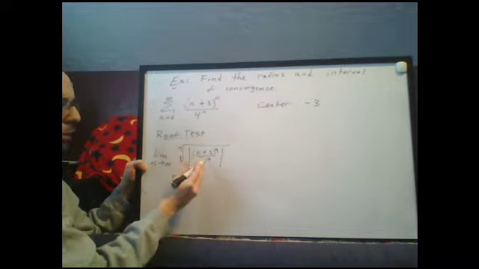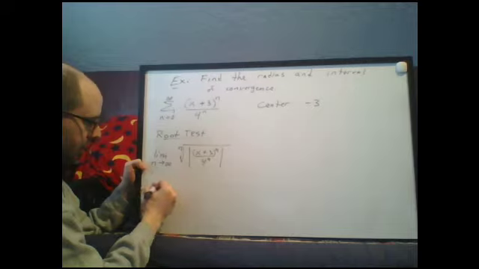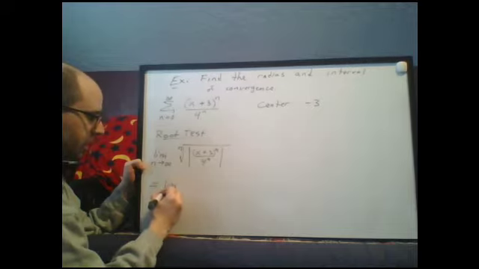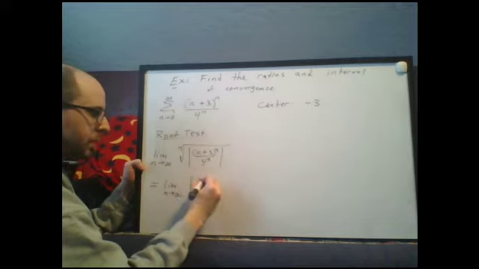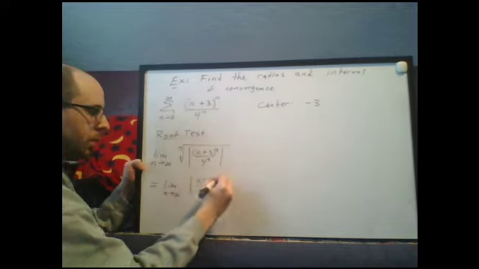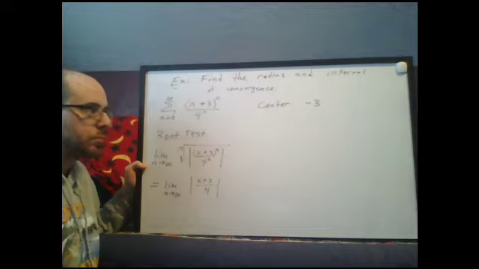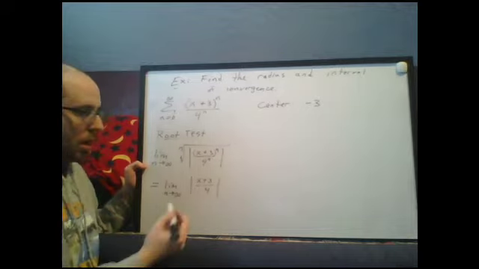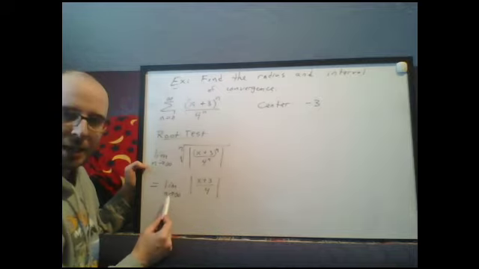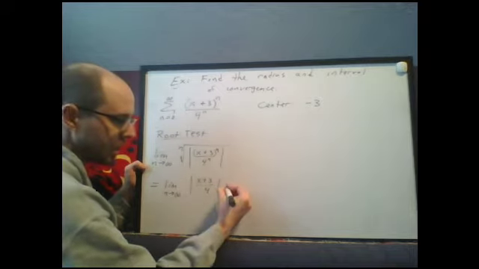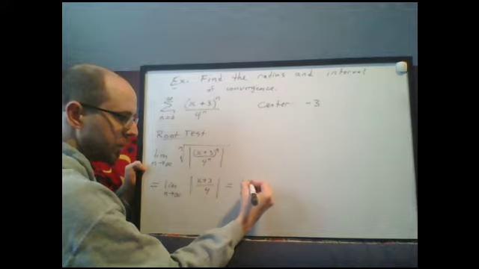So nth root is going to cancel our exponents. So we'll have the limit as n goes to infinity of absolute value of (x plus 3) over 4. So the limit of that, there's no more n's, so if I'm taking the limit of this, I just get absolute value of (x plus 3) over 4.